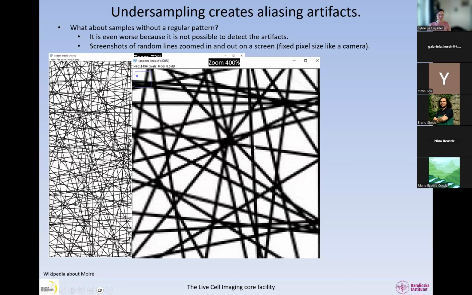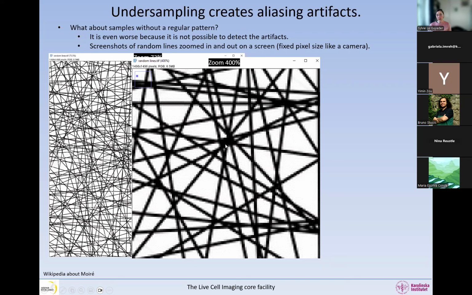And you can see that they depend on the orientation. So this one has different artifacts. It has this strange thing here compared to that one. So it depends on the orientation of the lines. But we do not have any strange thing happening except for these that we do not resolve, so they all fuse together. So clearly the lines are not like this normally.